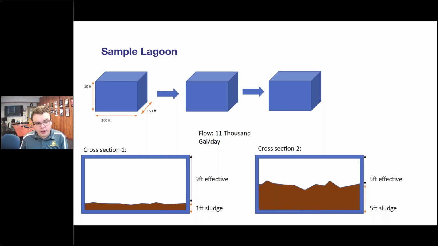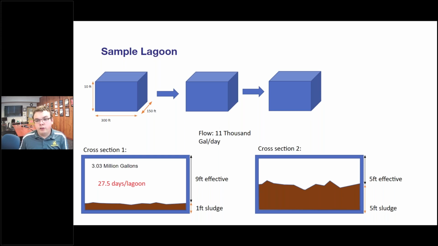So for the first cross section, that gets us a volume of about 3 million gallons of treatable volume. If we divide that by our flow, that gives us about 27.5 days per lagoon, and multiplying that through the 3 lagoons, that would get us within our 70 to 90 day time range.